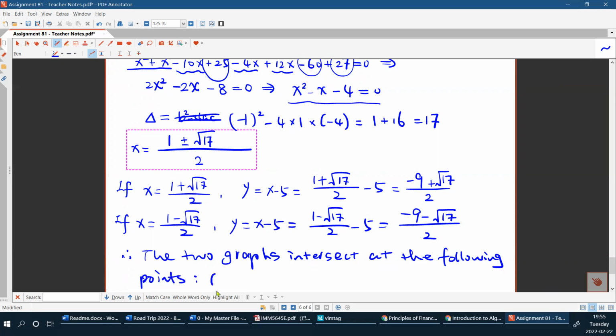Okay, first of all, x is (1 plus square root of 17) over 2, and y is (negative 9 plus square root of 17) over 2. The other point is x equals (1 minus square root of 17) over 2, and y equals (negative 9 minus square root of 17) over 2. Okay, and this should be the final solution.